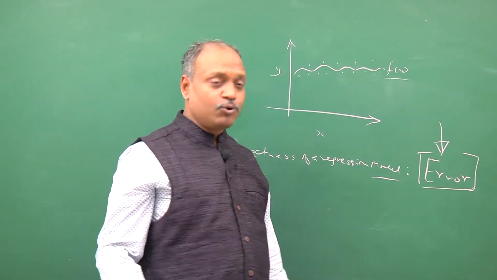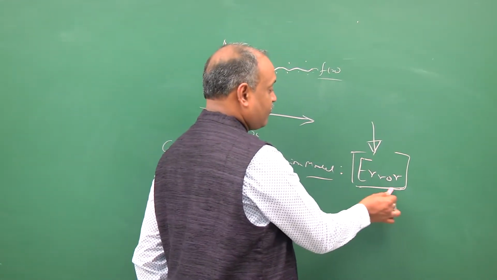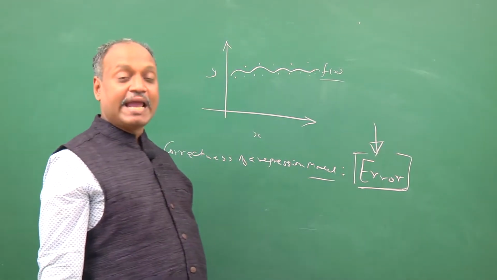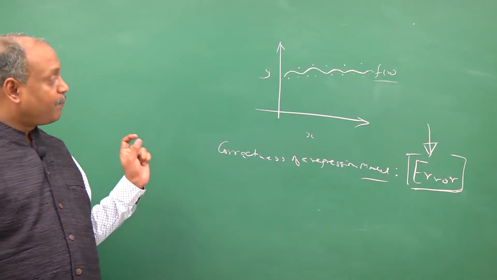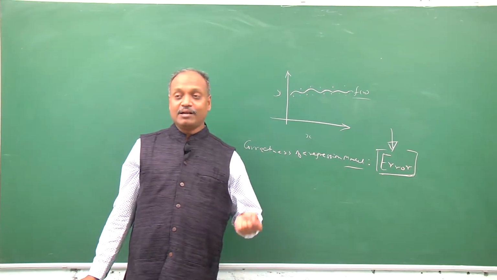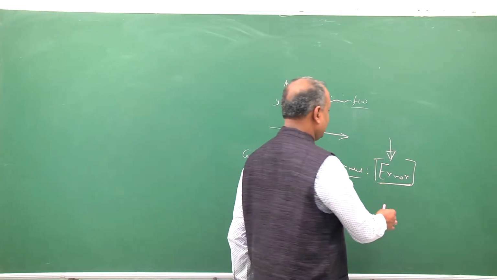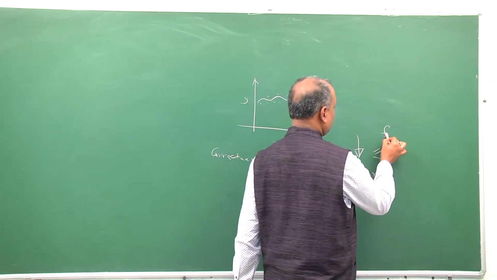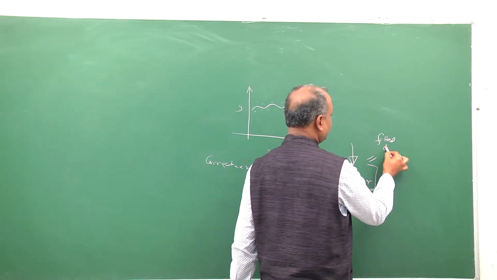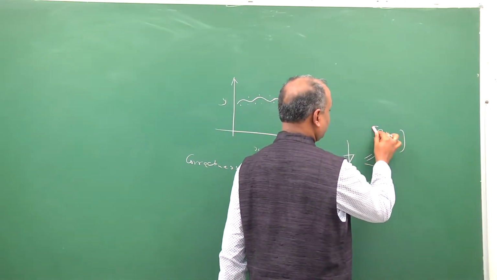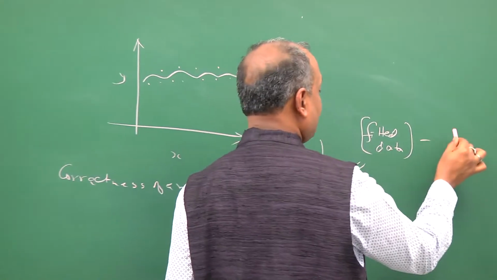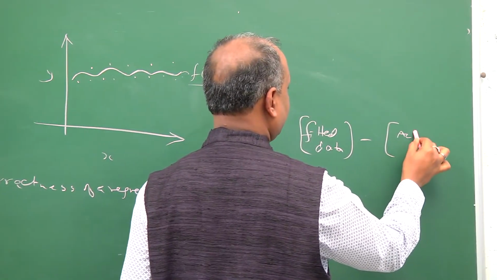So there is bound to be some notion of error, which is effectively a gap between the predicted data and your actual data. So this is some notion of fitted data, which is your predicted or equation model data, minus actual data.